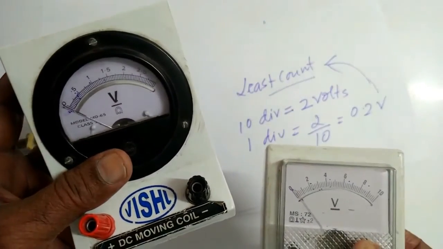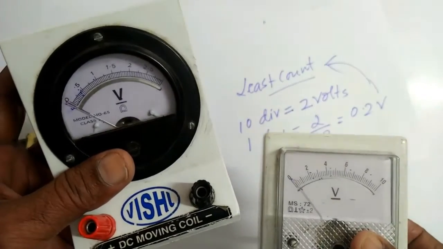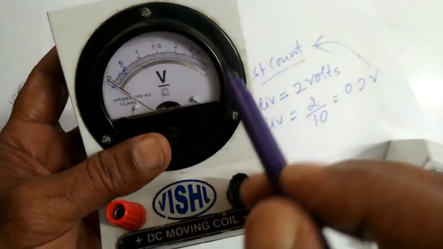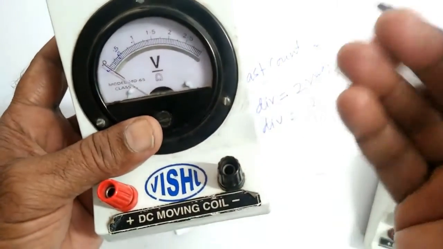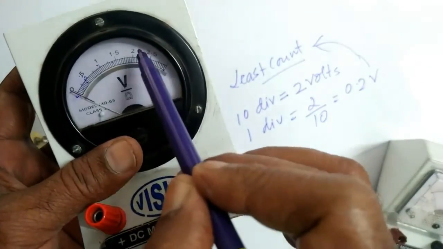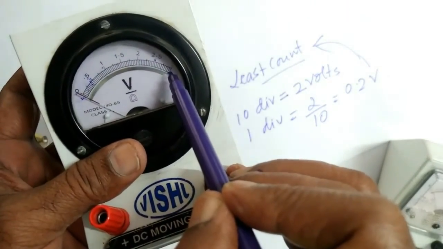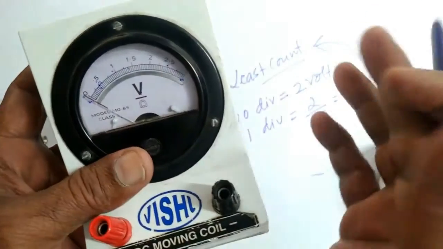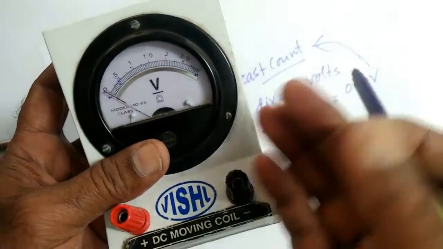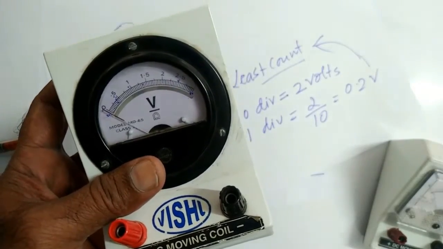But wait a minute. Sometimes your supply of voltage will be more than 5 volts or more than 10 volts, where this will measure only till 3. This is 2.5, 3 volt. So that time this will not be of any use. So it depends on how much voltage you supply from one end.